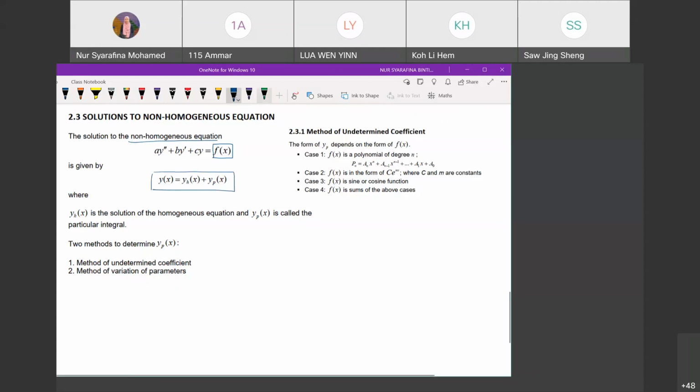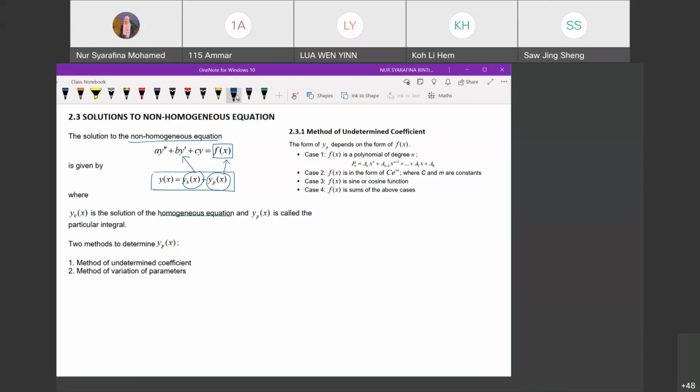Where yh is the solution for the left-hand side part, the solution of the homogeneous equation, just considering when the right-hand side equals 0. And then yp is called the particular integral, where this is the solution for the right-hand side part. Okay, you remember?